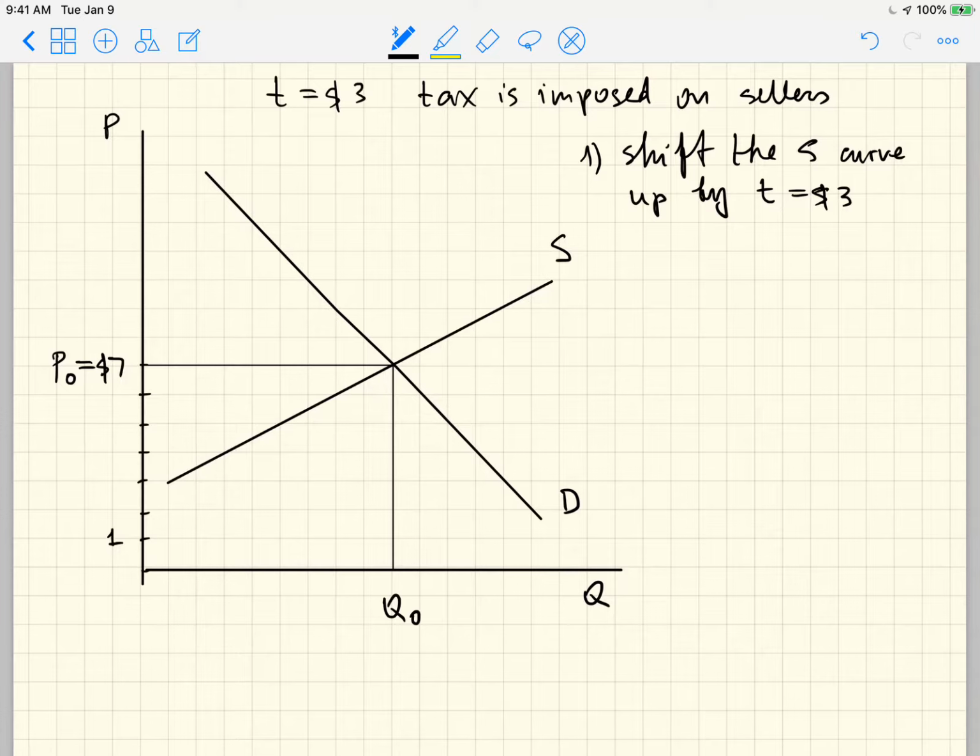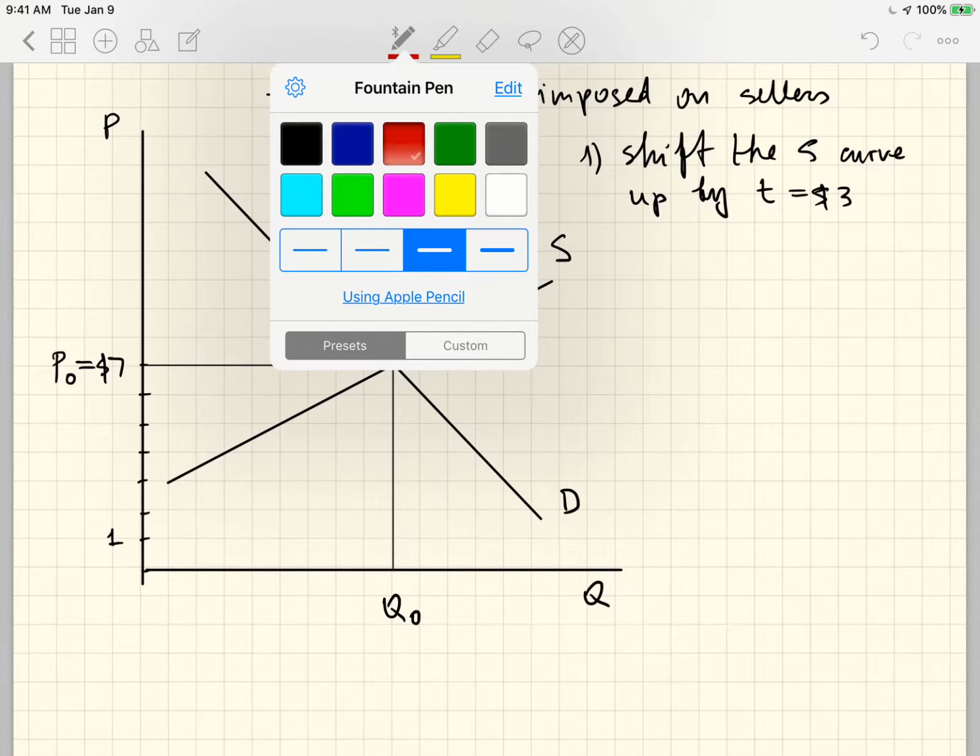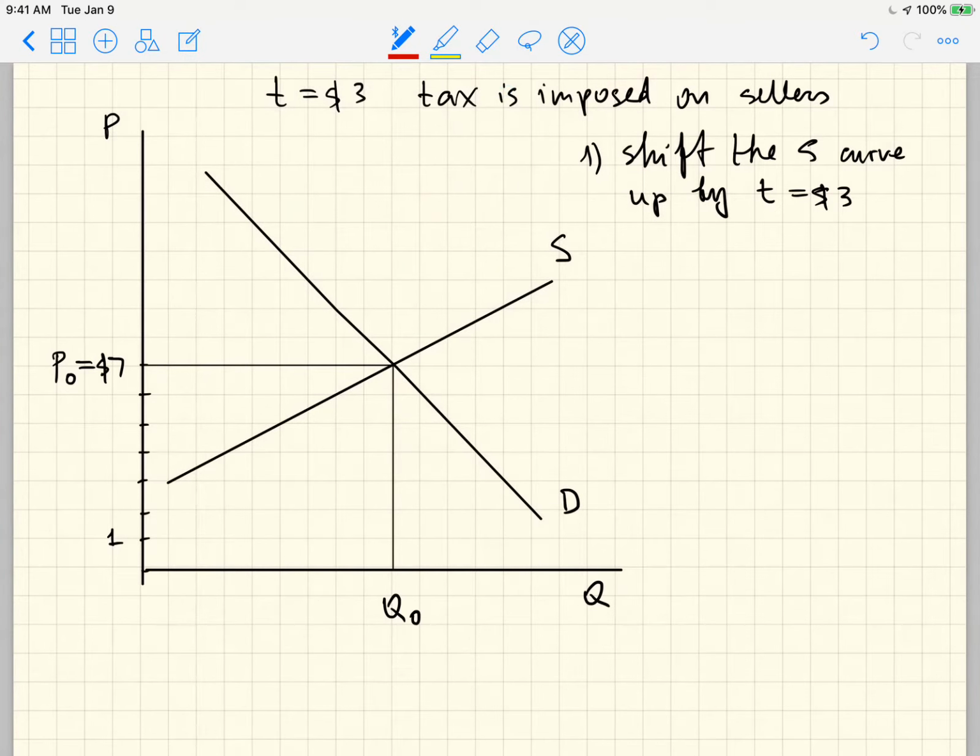Alright, so how do we do that? You pretty much pick any 2 points on the supply curve and then move them up by $3. So given the scale, this is $1, which means 1, 2, 3 makes $3.